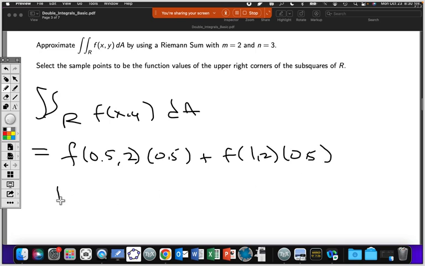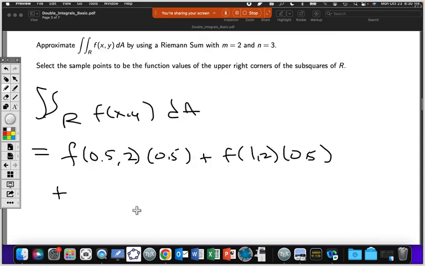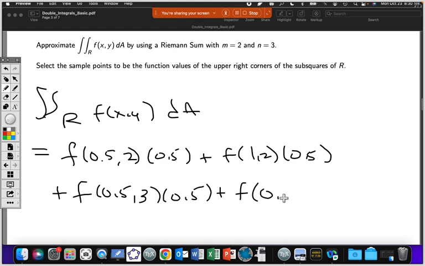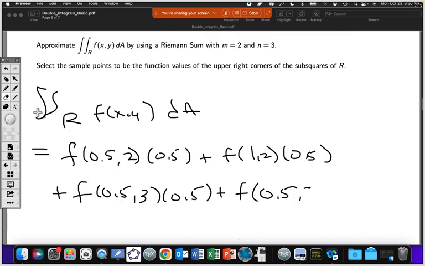Times 0.5 plus, then we go in here for square 3. The x would be 0.5, the y is 3. So f at 0.5, 3 times 0.5 plus f at 1, comma 3. So for square 4, we're looking at 1 comma 3. Times 0.5.